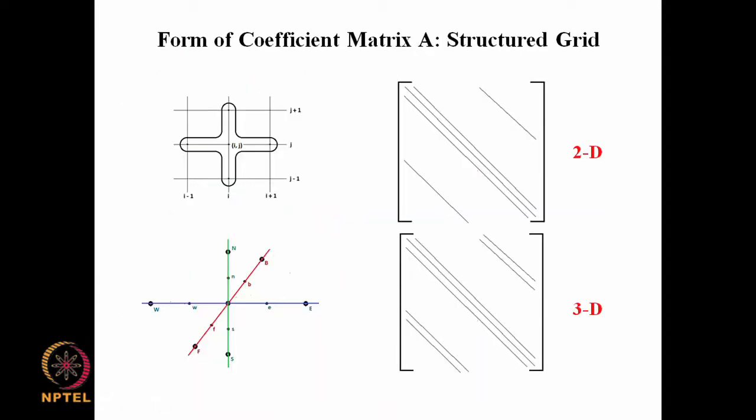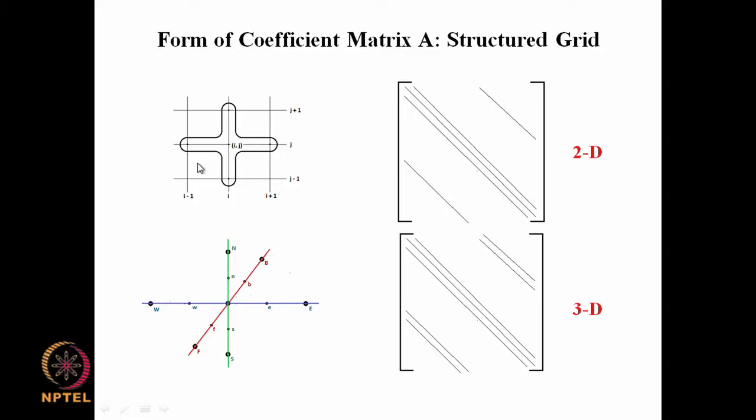Okay. So, in the case of structured grid, the coefficient matrix takes a specific structure. For example, in the case of 2D where you have ij here and ij+1, ij-1, i-1j, i+1j, you have a computational molecule like this.